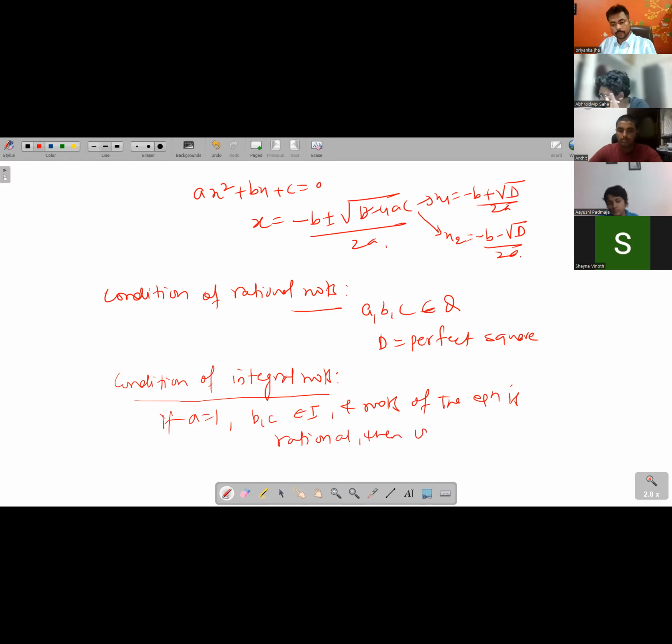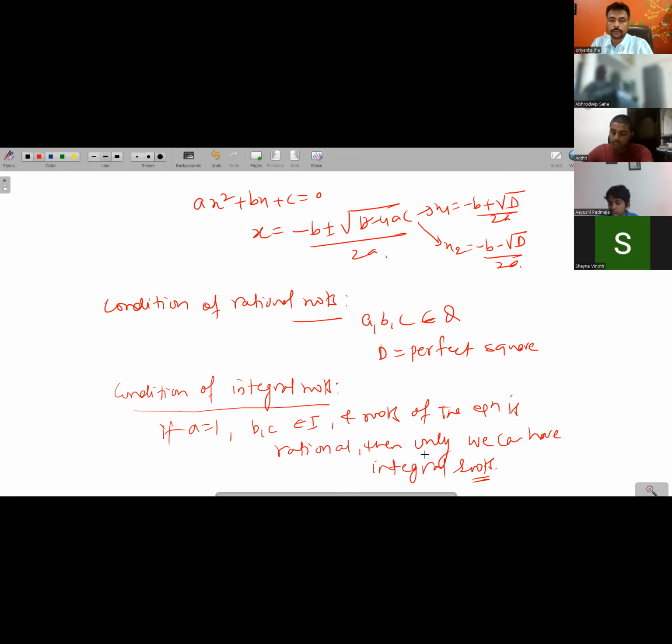Then only can we have integral roots. So this is the condition for integral roots. A has to be 1.